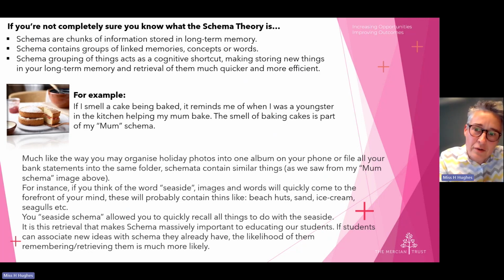That smell of cakes being baked, to me, that's my mum. And so my mum schema, amongst many other things, is that smell of a cake being baked. And it's immediate, boom, that smell just transports me there. So that's a form of schema, that's my mum's schema, and I can cluster things around that.